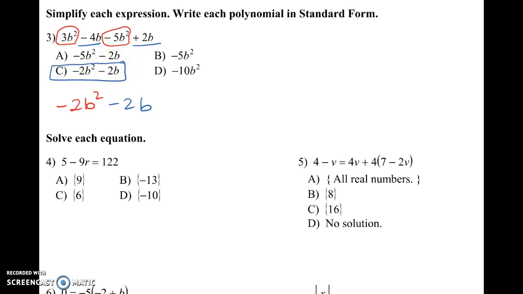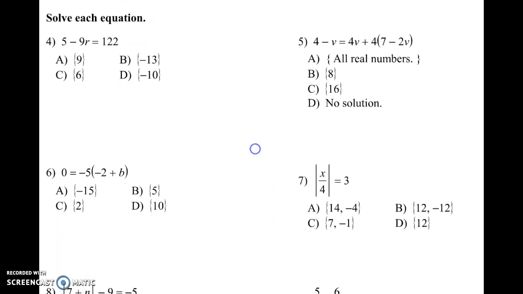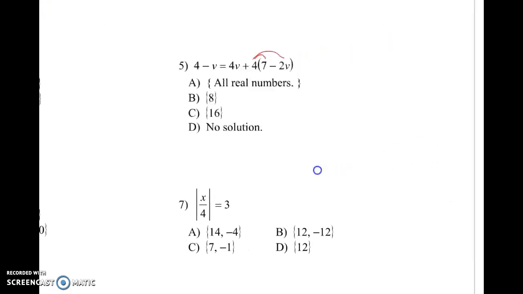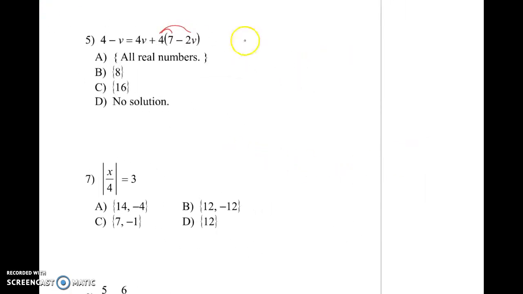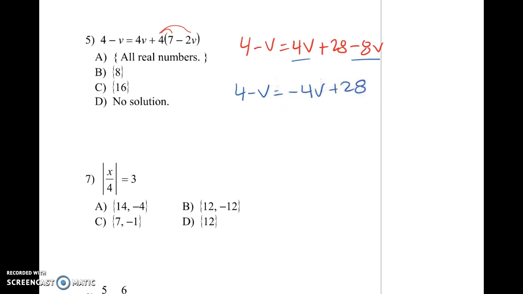Alright, question number 5 says to solve each equation. And I'm going to start with the number on the outside of parentheses, which tells me to distribute and multiply in. So I'm going to have 4 minus v equals 4v plus 28 minus 8v. If I combine like terms on this side, I have 4 minus v equals negative 4v plus 28.